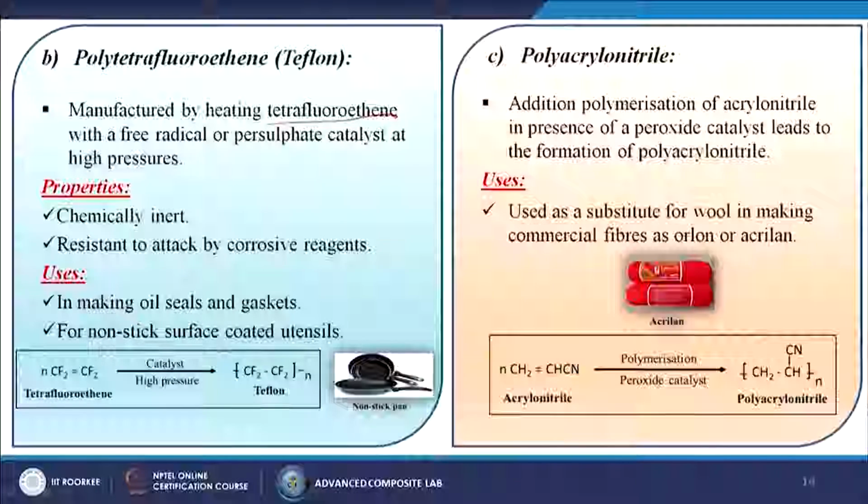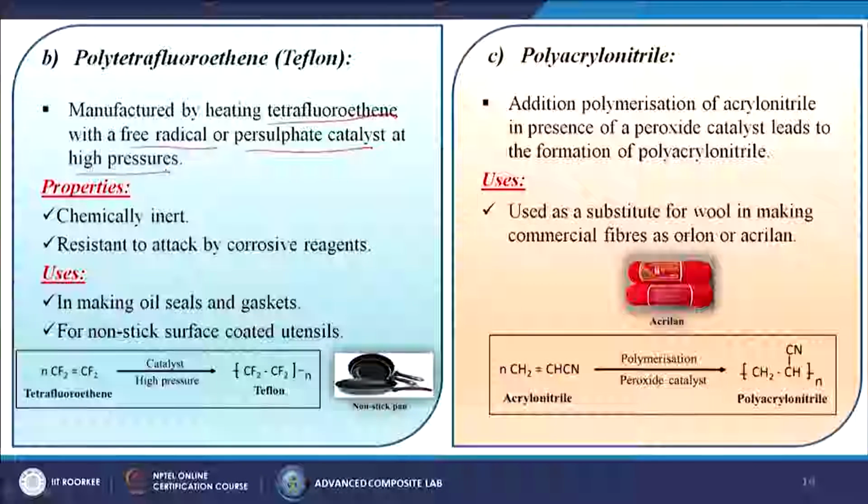Next we are going to give the example of polytetrafluoroethylene. Polytetrafluoroethylene is also known as Teflon. It is manufactured by heating tetrafluoroethylene with a free radical or maybe a persulfate catalyst at high pressures. What are the properties? Generally it is chemically inert, and it is resistant to attack by corrosive reagents.